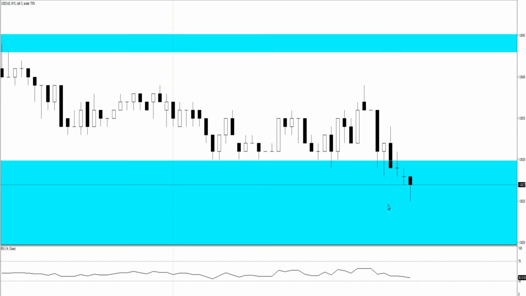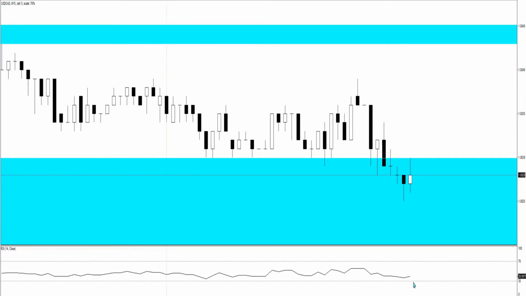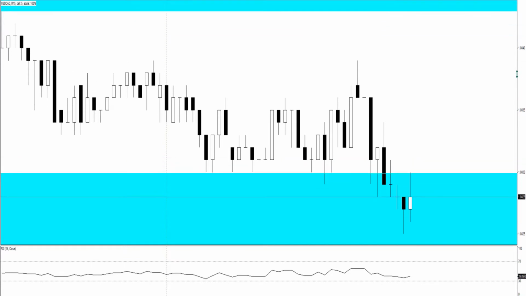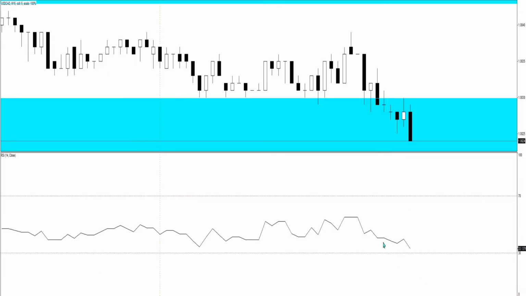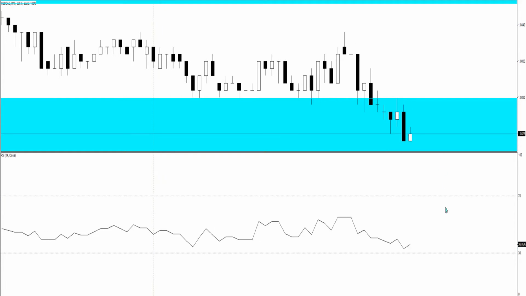So at this time, we need to start looking very closely at what the RSI is doing. So we have lows on the price. Prices are making lows. RSI is doing the same, so there's no divergence at the moment. See, it's going down the same as price, so there is no divergence yet.